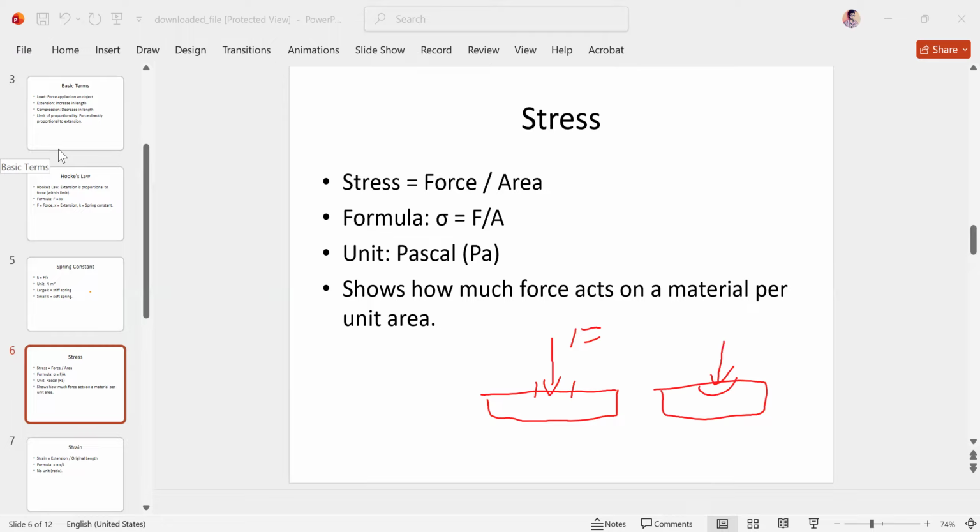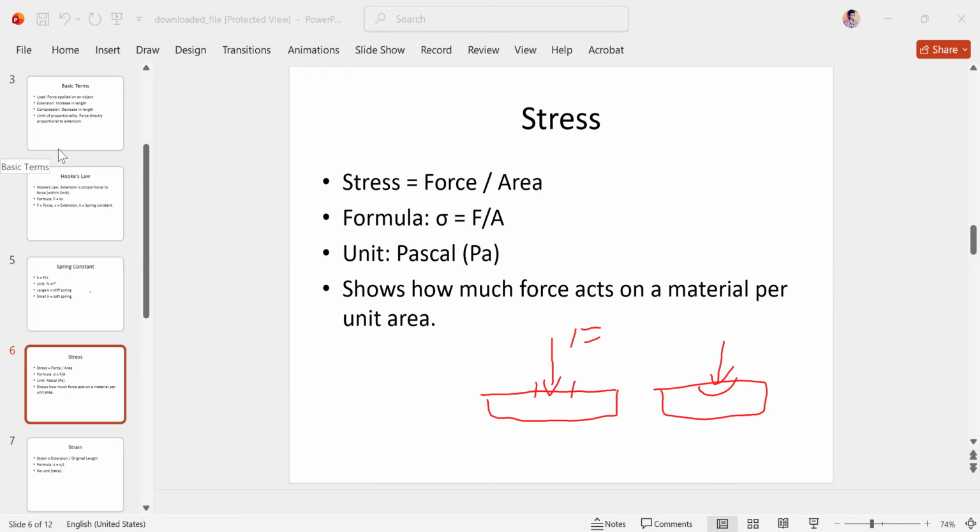The formula is sigma equals force over area and the unit is Pascal, which shows how much force acts on a material per unit area. By stress we understand how much force is applied on an object per unit area.